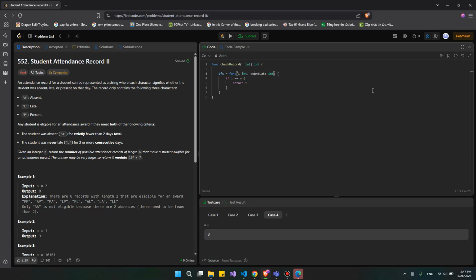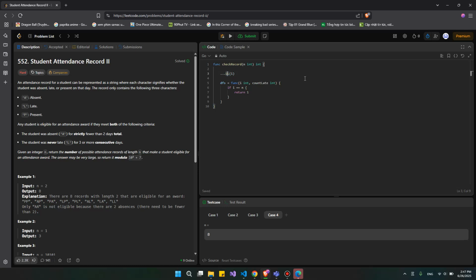The count late is the number of consecutive L right before our position i. If we are here with the L, right, when we come to the i position here, so the count late can be two.